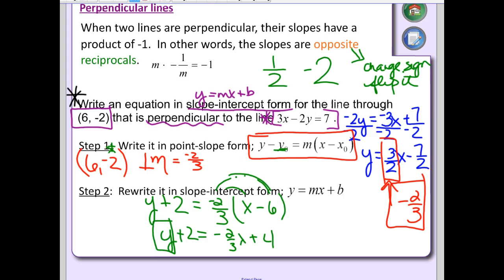Yeah, we got to get rid of this 2. My inverse operation, we're going to subtract 2. What I do to one side, I do to the other. So final answer, y equals negative 2/3 x plus 2. That is the equation of the line that is perpendicular to 3x minus 2y equals 7.